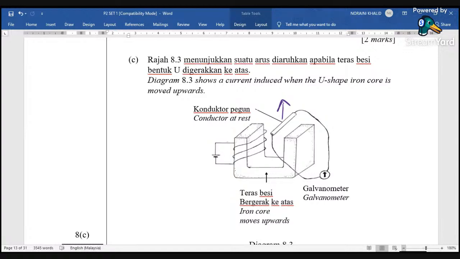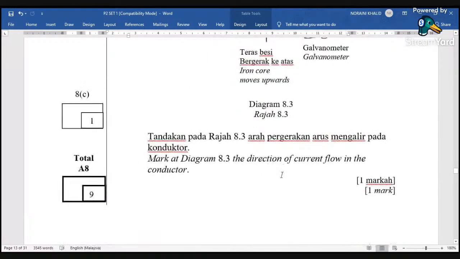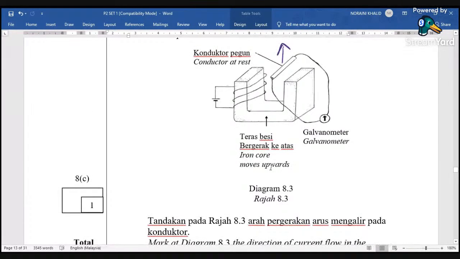Okay, this one you can apply Fleming's left-hand rule. Sorry, this is not Fleming. This one, there is a power supply, betul. Ini ada power supply.